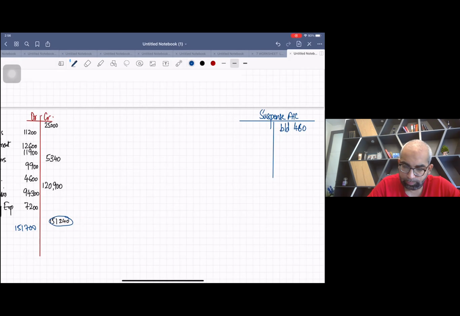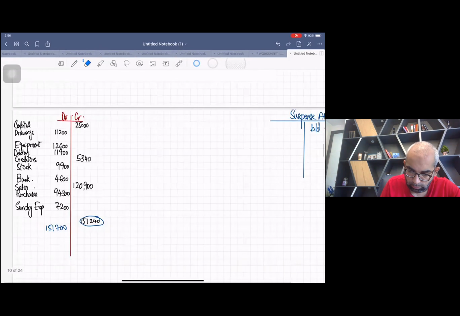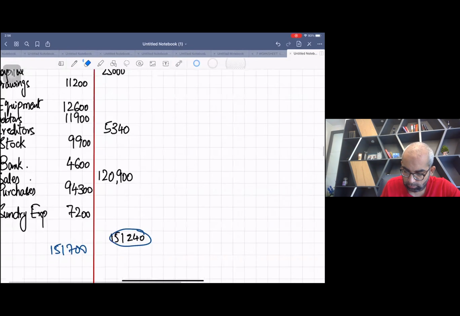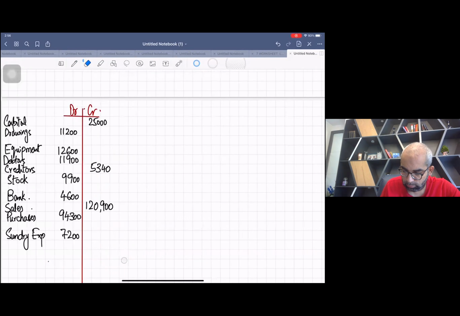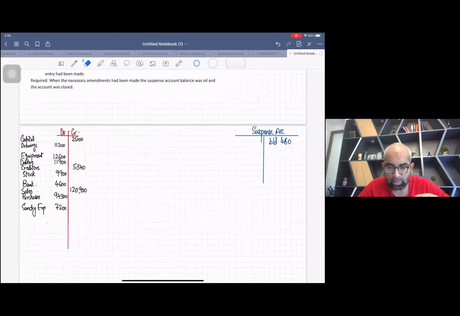Okay, now this is the same as the last question. What is the difference? In the previous question, they used to give you the suspense account balance ready-made.